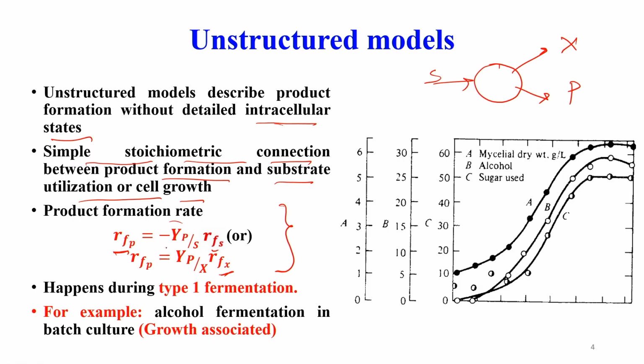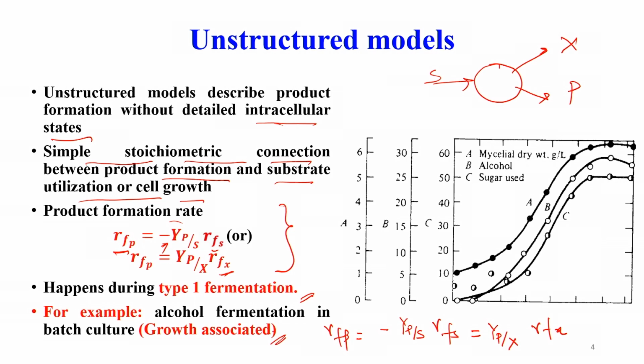Why is it negative? Because substrate typically gets depleted, and for the rate of substrate utilization we have to multiply Y P/S into r_S, minus r_P. Or when writing in terms of rate of biomass synthesis, you have to write the yield Y P/X. And this typically holds good for type 1 fermentation.